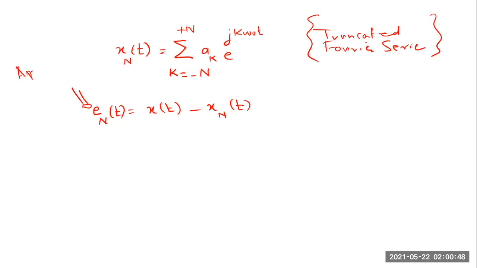This is representing the approximation error. So when I use the truncated Fourier series, which takes a finite number of terms in the summation, there will be some difference, and that difference is represented by this. Now, in order to find out how good this approximation is, we need to quantify the size of this error.